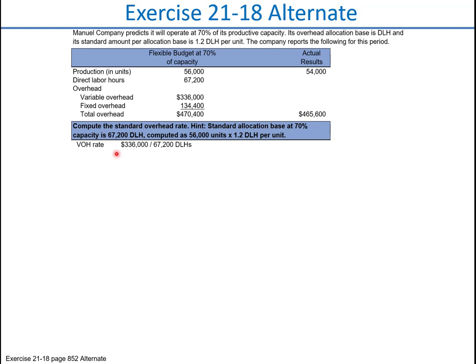The variable overhead rate then is 336 divided by that 67.2 to get $5 per direct labor hour. The fixed overhead rate will be the 134.4 also divided by 67,200 to get $2 per direct labor hour. So this is how much it should cost per unit to make the 56,000 units using 67,200 direct labor hours.